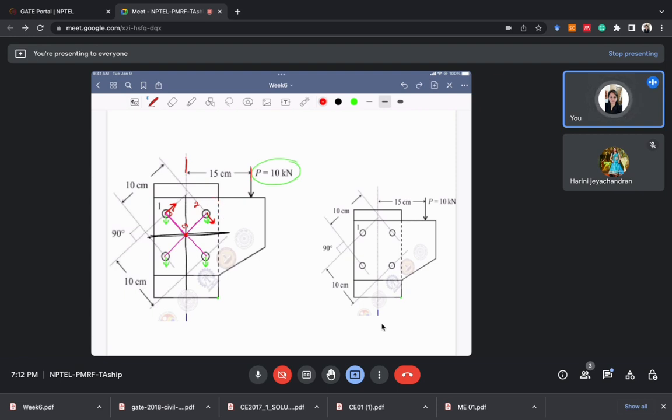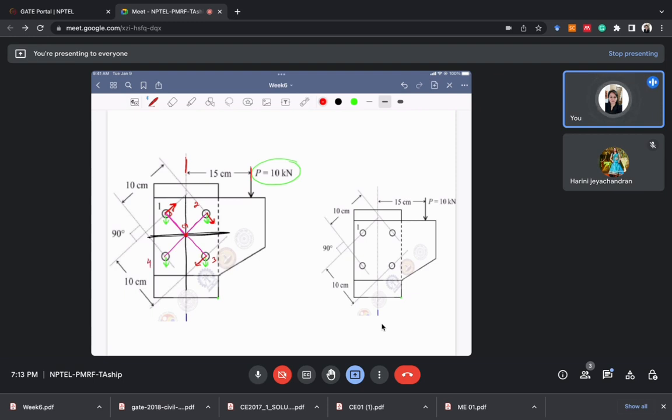I'll make it for the third bolt also. This is the line joining the CG and the bolt, so it will be perpendicular to it, and the direction will be clockwise.